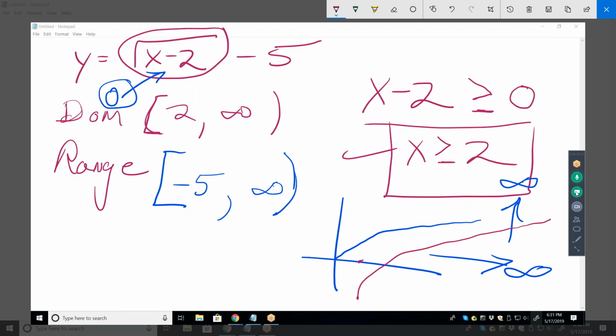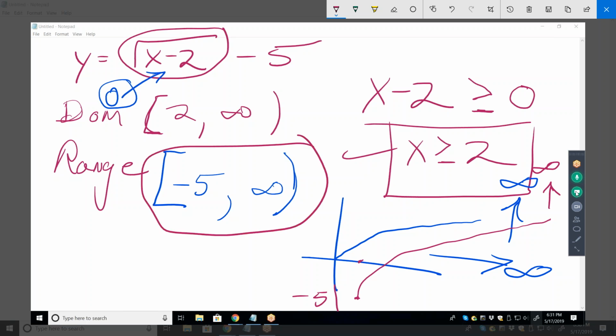But notice it still goes from minus 5 on the bottom to infinity on the top. And that's what the range means. The range means what are all of the possible y values.